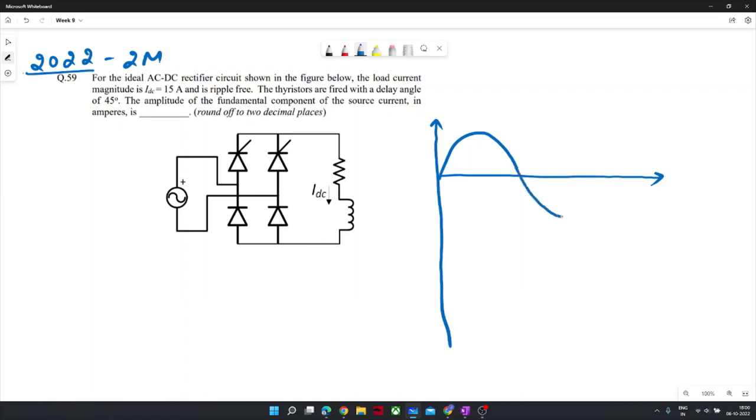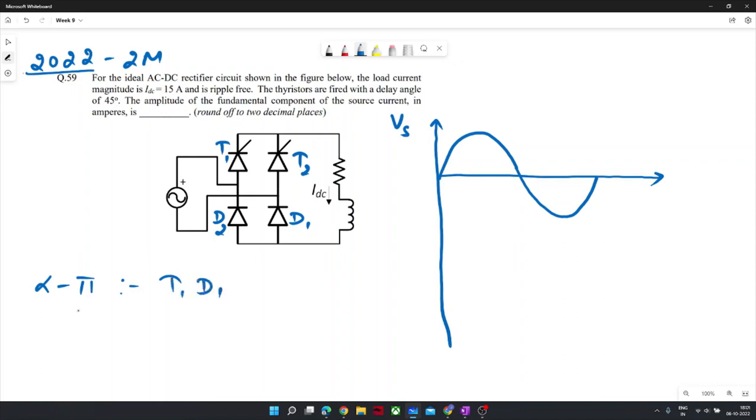The input sinusoidal signal Vs is provided, and based on this, from alpha to pi, let us say T1, D1, T2, D2, T1 and D1 will conduct.